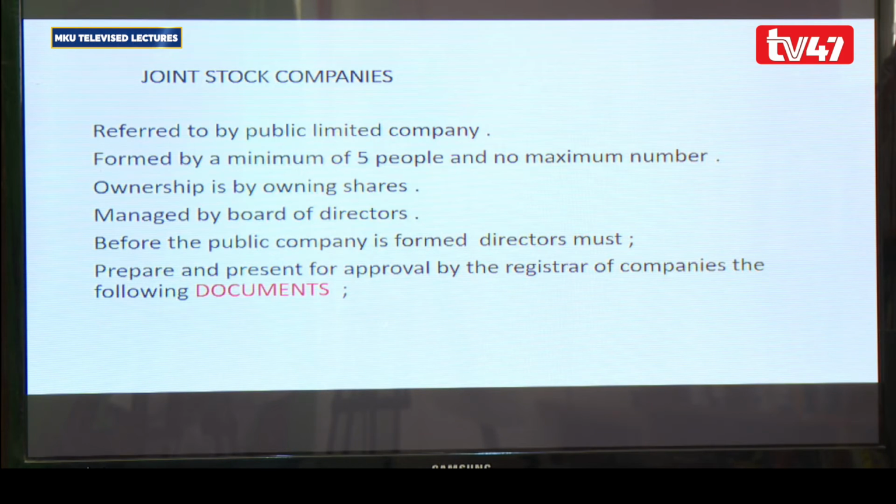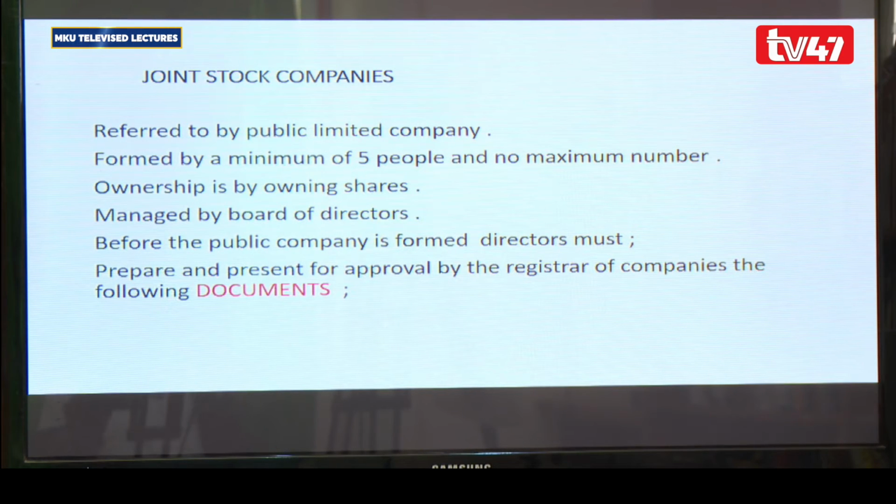This kind of business organization is formed by a minimum of 5 people and has got no maximum because it will depend on the number of people who are buying shares. Now, remember, these shares can also be easily transferable. And one does not even need to ask for permission from anyone to transfer their shares.